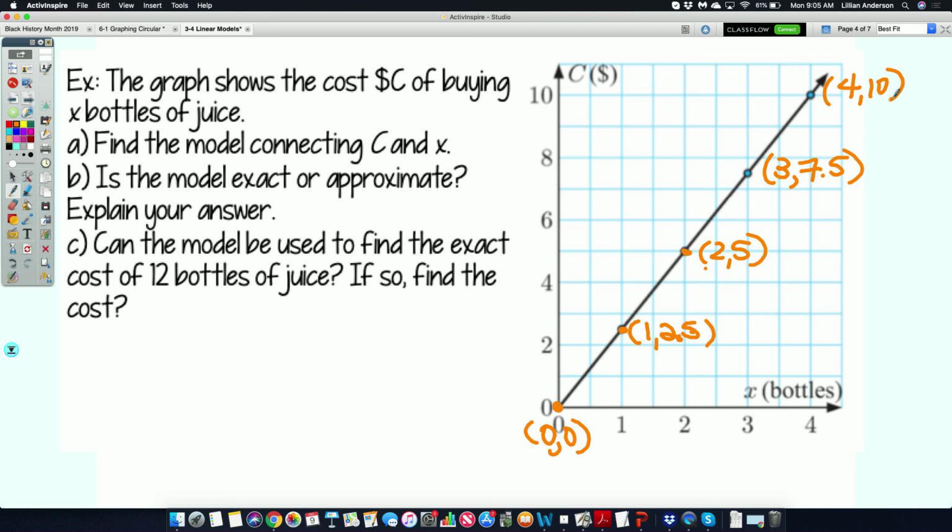Part A asks you to find the model that connects C and x together. C is which part of y equals mx plus c? Like the $C, it represents not your y-intercept, not your gradient.